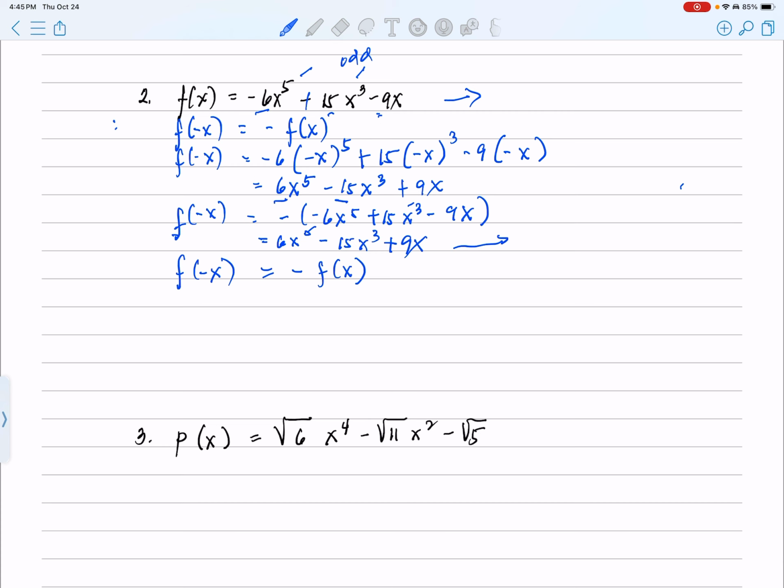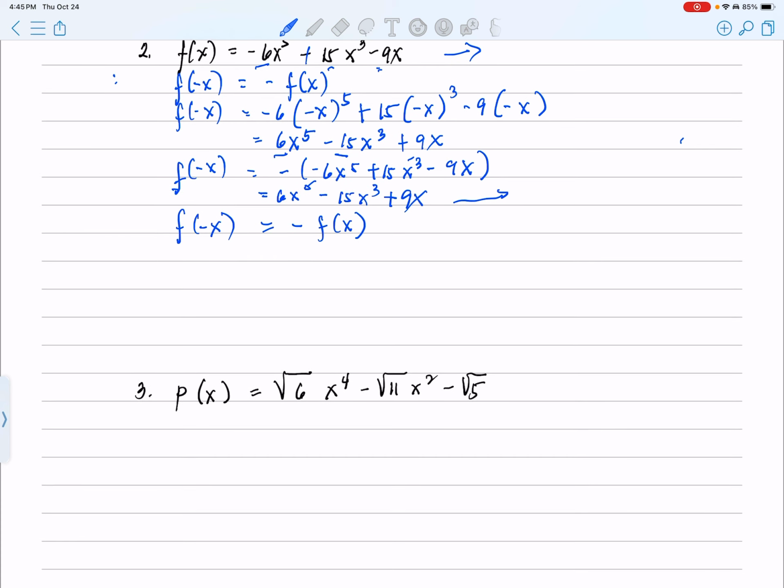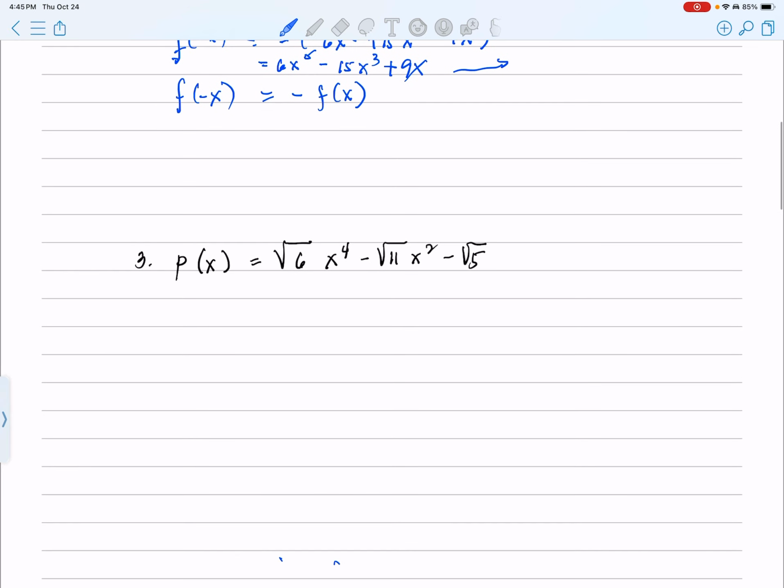Okay, let's do number 3. p of x is equal to the square root of 6x to the fourth power minus square root of 11x to the second power minus square root of 5. So a constant in any function can be written as the constant times x to the 0, which means that the degree of any constant is 0.